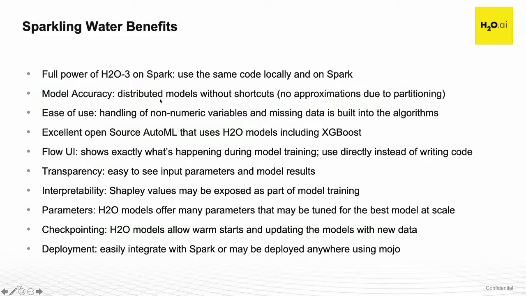Again, model accuracy, this is something I've mentioned. We don't take shortcuts in terms of approximations when we partition the data. And so you will find that the model accuracy of Sparkling Water or H2O-3 models is very high. And there's ease of use: handling non-numeric variables like categoricals is built into the algorithm. There's also going to be missing data handling.